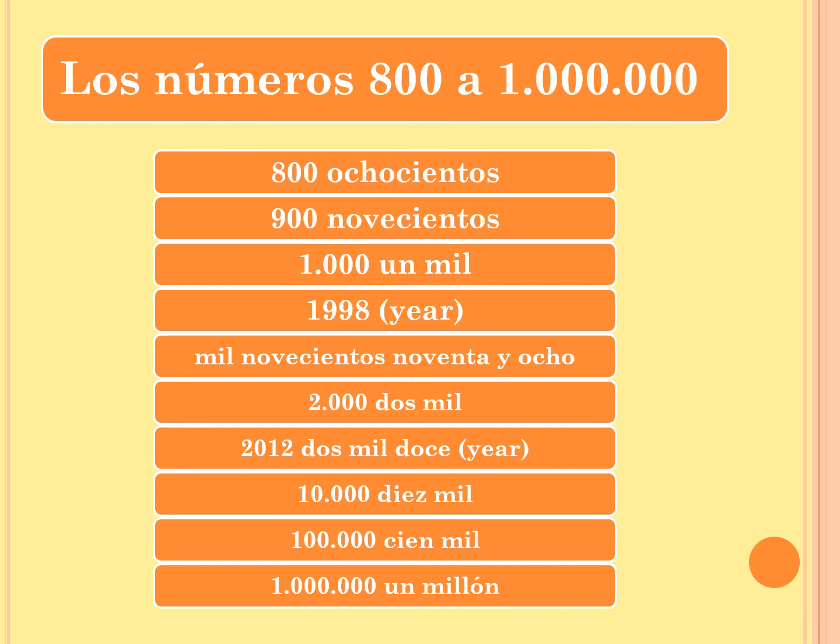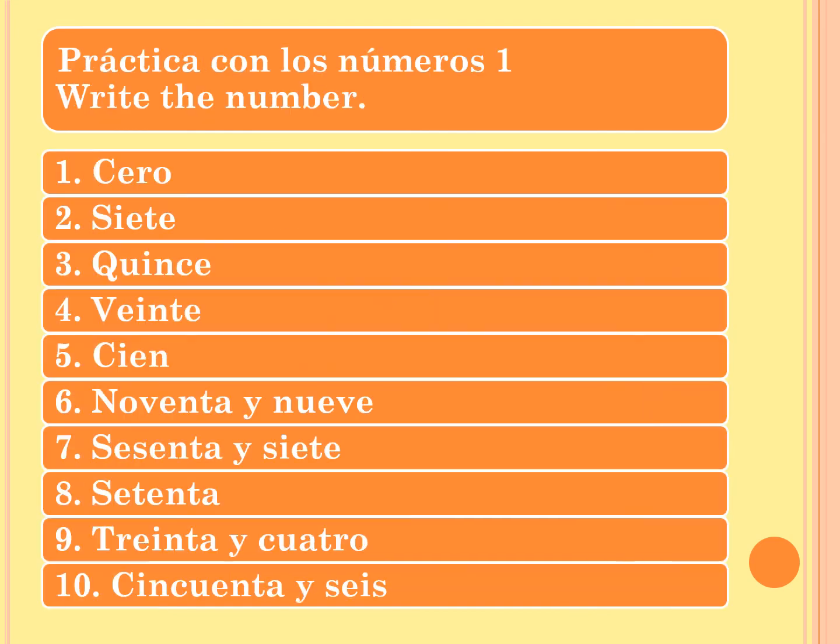All right, let's take a look at a couple practice activities. Here's our first practice activity. Try writing the number in English to figure out what the Spanish number is. I'll give you about 10 seconds to work, and then I'll give you the answer. If you need more time, just pause the video, or you can even go back and check earlier in the video to try and figure it out.